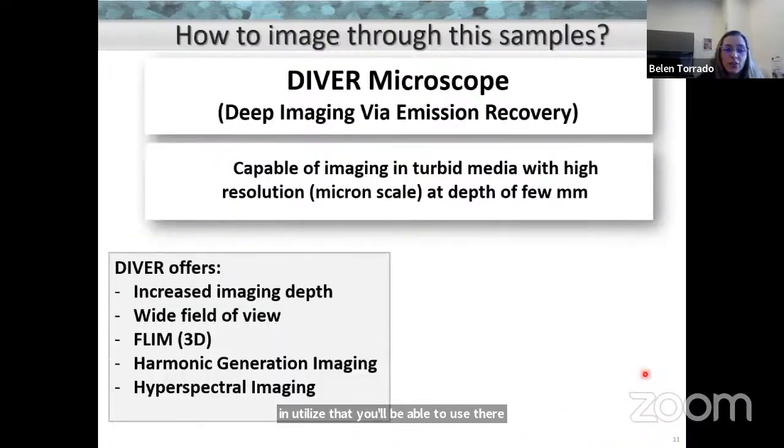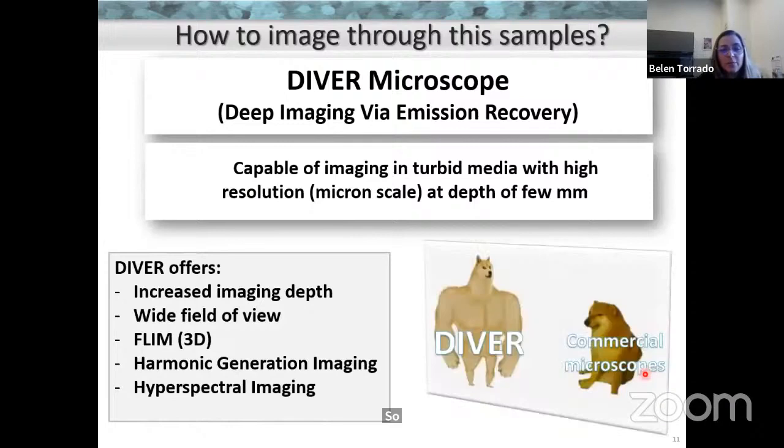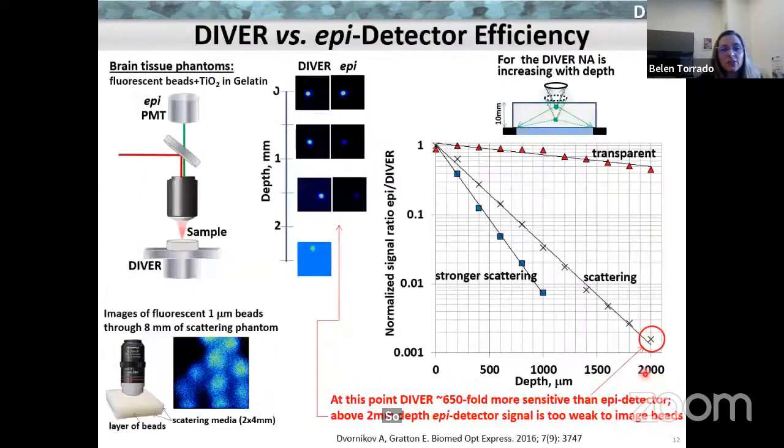So going through other capabilities, we're going to talk about how deep we can go. Here the diver also has an epi detection. So this allowed us to compare the diver versus epi.